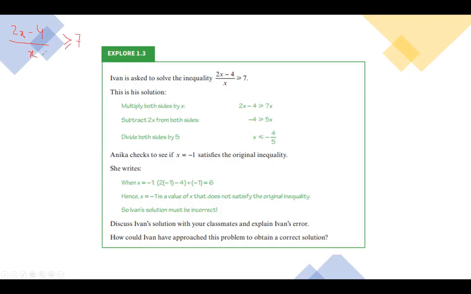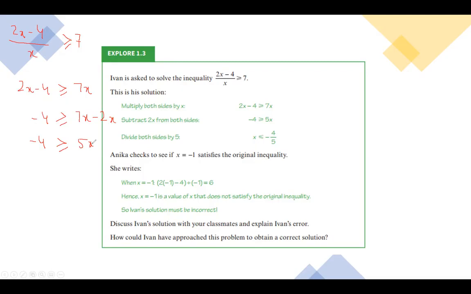First multiply this x with 7, so it must be 2x minus 4 is greater than or equal to 7x. Now minus 4 is greater than or equal to 7x minus 2x. Now it must be minus 4 is greater than or equal to 5x.